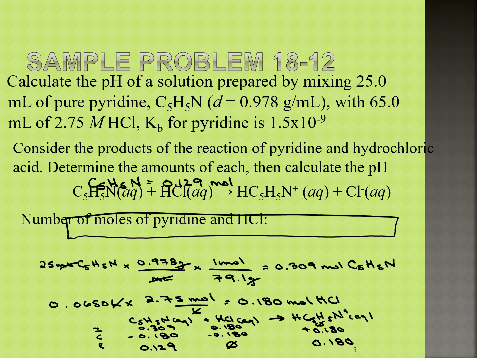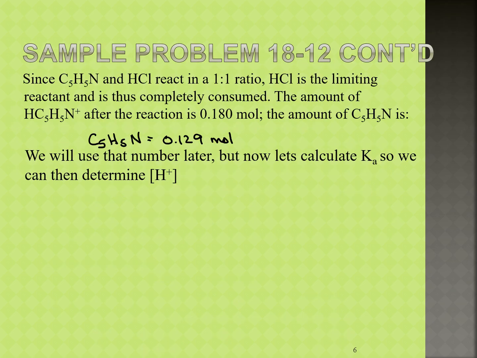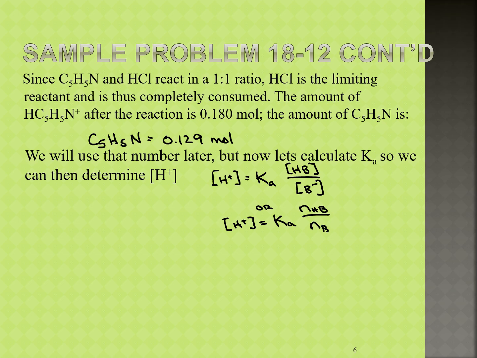All right, now can we then, from that buffer information, calculate the pH? Okay, so we are doing a buffer problem. And remember, when I work a buffer problem, I always like to do that my H+ is equal to Ka times the concentration of acid over the concentration of base. Or in this case, we can do the H+ is equal to Ka times the number of moles of acid divided by the number of moles of base.